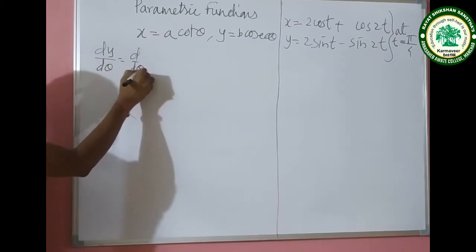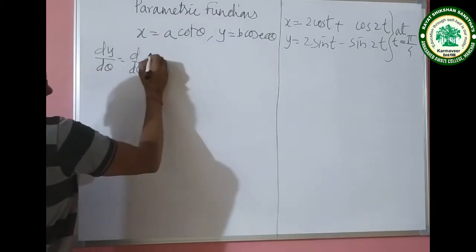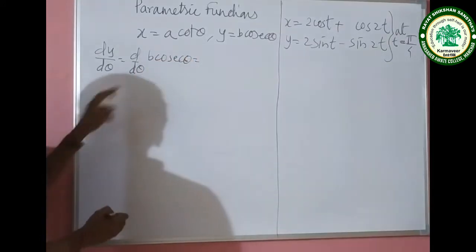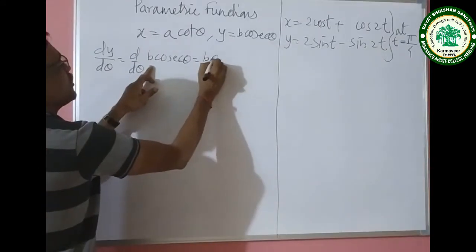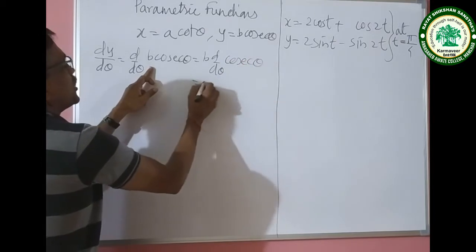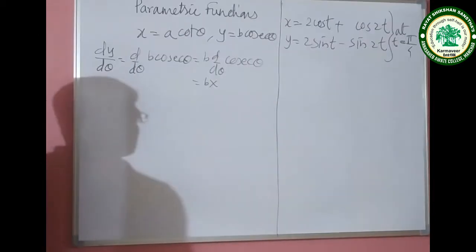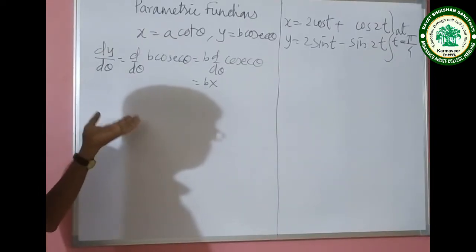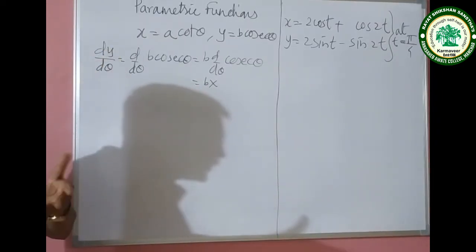D by d theta of what is y? B cosec theta. B is constant, it will come out, b d by d theta of cosec theta. Now, the derivative of cosec x is minus cosec x cot x with respect to x.